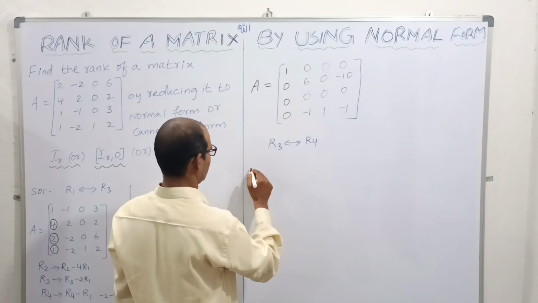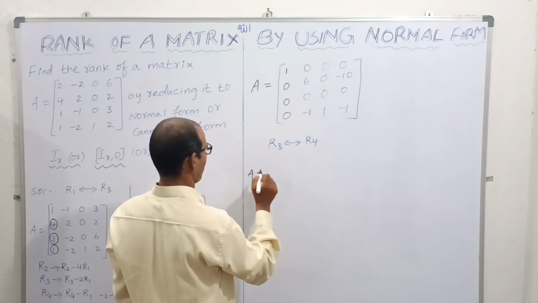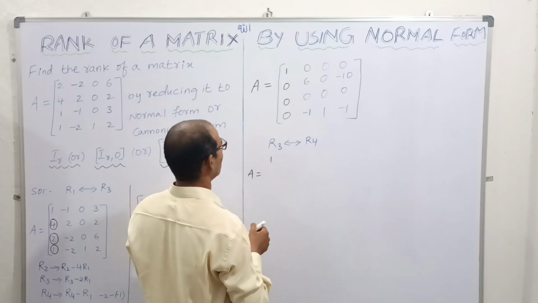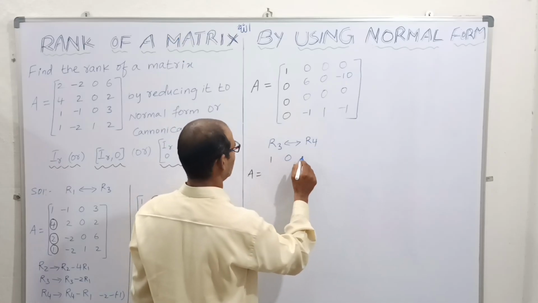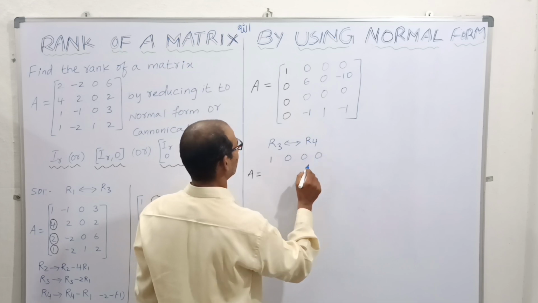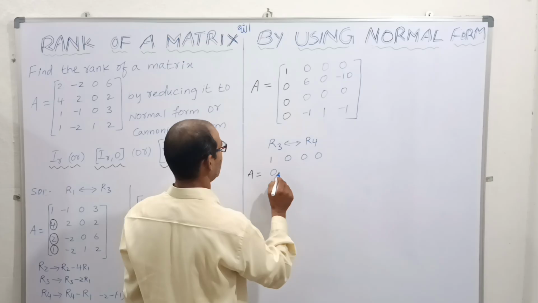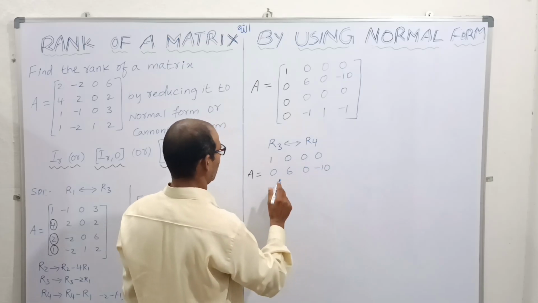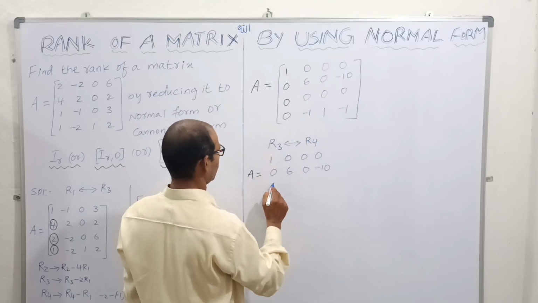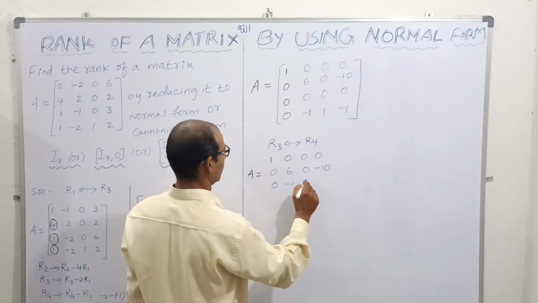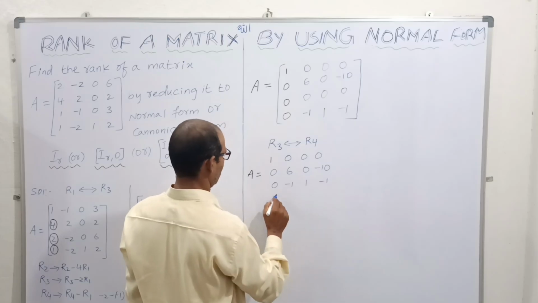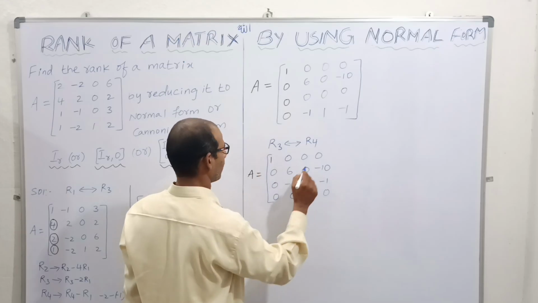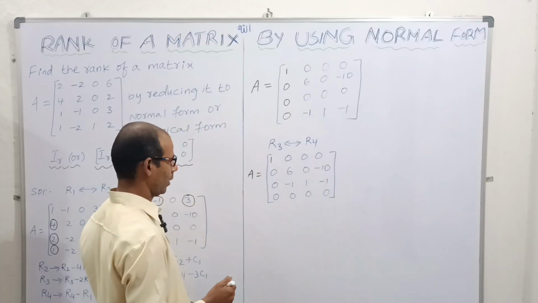So therefore capital A is equals to, what happens? So first row is same 1, 0, 0, 0. Second row is also same 0, 6, 0, minus 10. Instead of third row is replaced with fourth row. So therefore it is 0, minus 1, 1, minus 1. And we have 0, 0, 0, 0. Right?